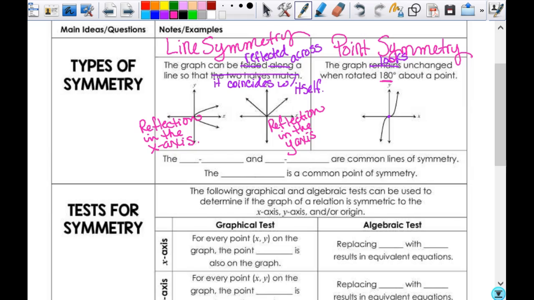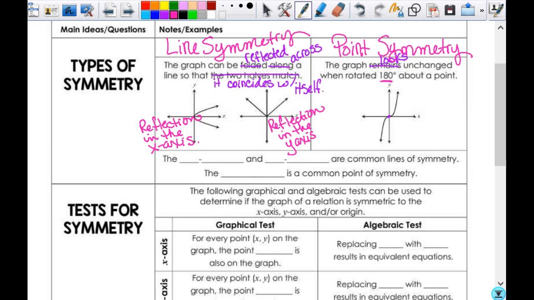Right? So reflectional and rotational symmetry, there's your transformations that you do in geometry and even geometry stuff before high school. But then that gives us line symmetry and point symmetry to look at with our graphs. Okay, we all good so far?